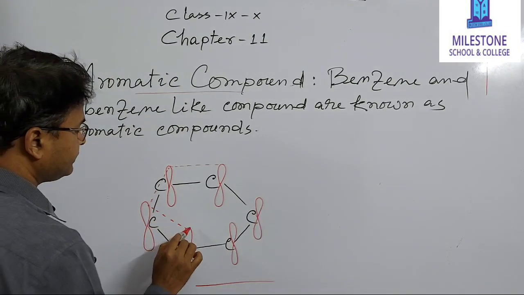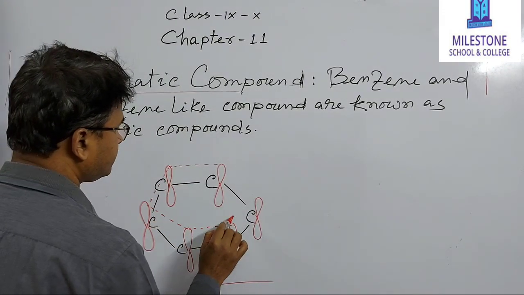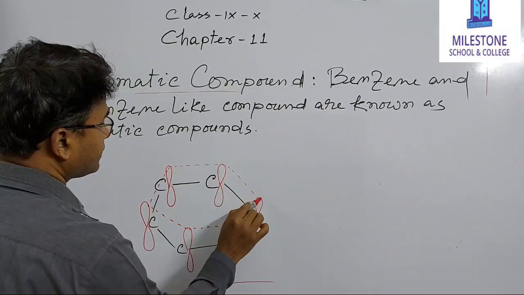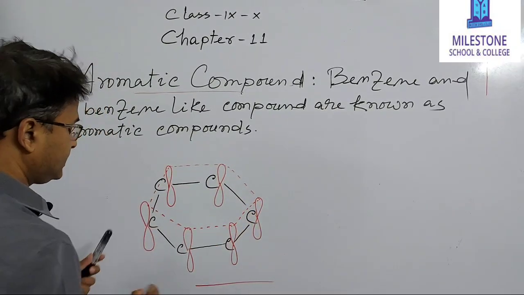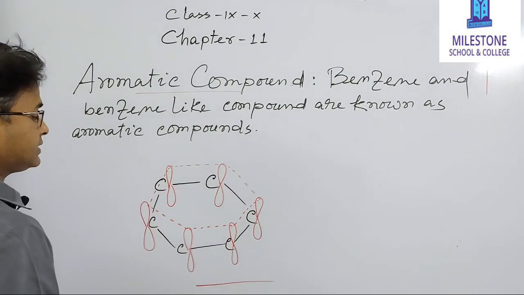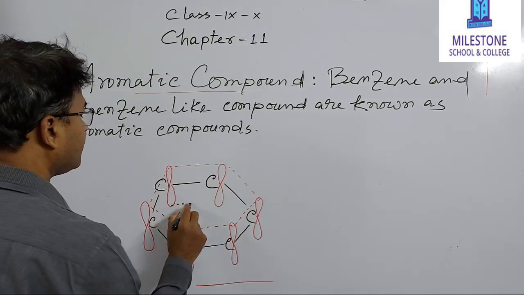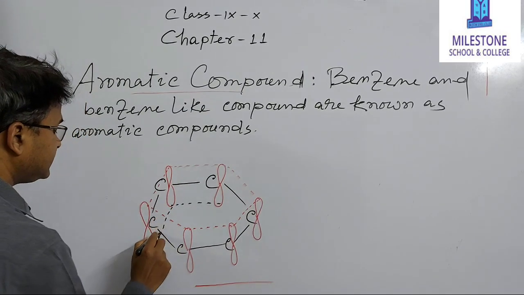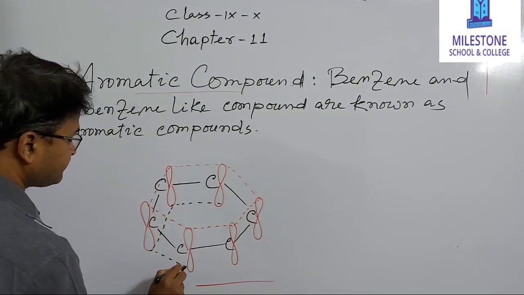Here the overlapping of orbitals is occurring sidewise. This type of bond is known as pi bond.